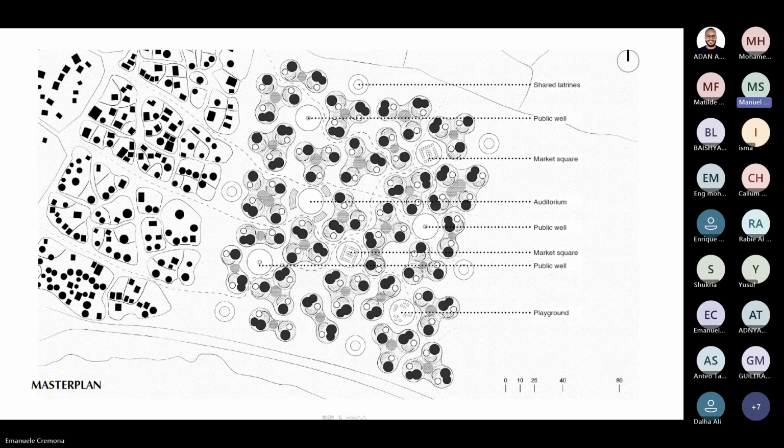Yeah. So on an urban level, we have been working on keeping the latrines on the outside of the cluster, and the very common spaces in the center of these cells. So we have the public well, market square, an auditorium, and a playground.